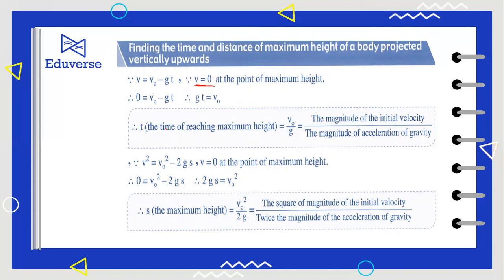Then I can use this rule. Time to reach maximum height equals V naught over g, the initial velocity over the gravity. Gravity is 9.8, a constant value, okay? Don't forget. To find the maximum height, V naught squared over 2g: the initial velocity squared over 2 times gravity, 2 times 9.8.